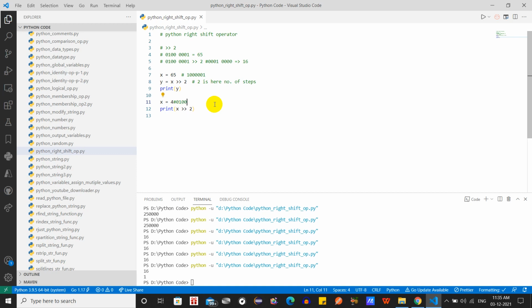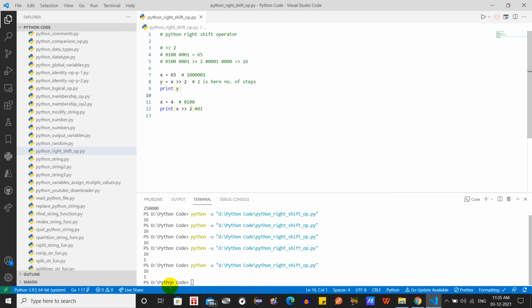This is the 4. When it is shifted towards the right by 2 bits, the first 2 bits are deleted. Then what is the answer? The result here is 0 1. Yes, 1 is coming, that's all.